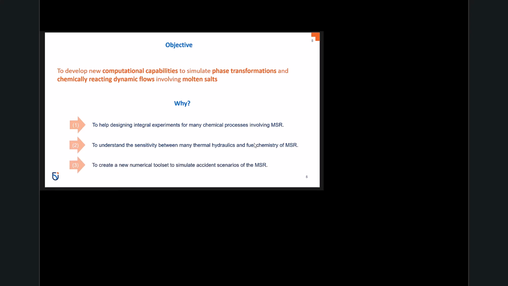At the same time, we need to create this tool set to accomplish the first and second objectives, and it can also be used later to simulate accident scenarios. We don't want the reactor to explode, so we need to simulate that to understand the consequences and how to avoid those situations. And it's better to do that numerically.